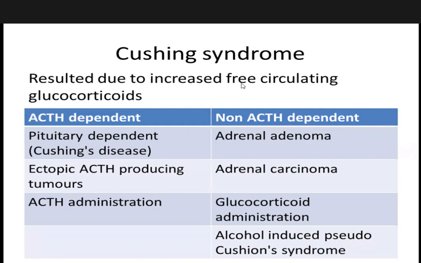Now, adrenal adenoma and adrenal carcinoma produce large amounts of cortisol, and even with a large level of cortisol, the pituitary is not secreting ACTH. But because of the malignant properties of adrenal carcinoma and adrenal adenoma, they will be producing more and more cortisol on their own, right? Again, with exogenous steroids, that will act on the pituitary gland and the ACTH levels will be minimal.